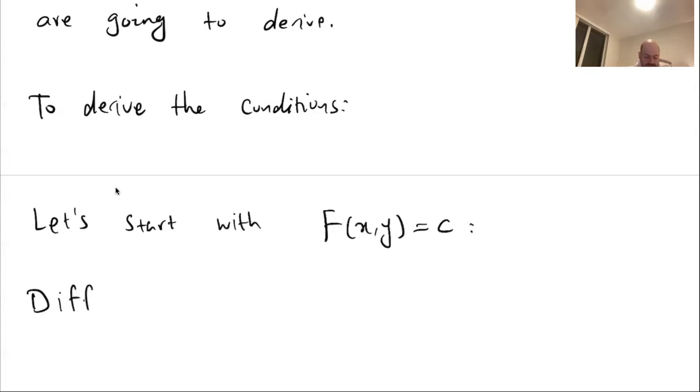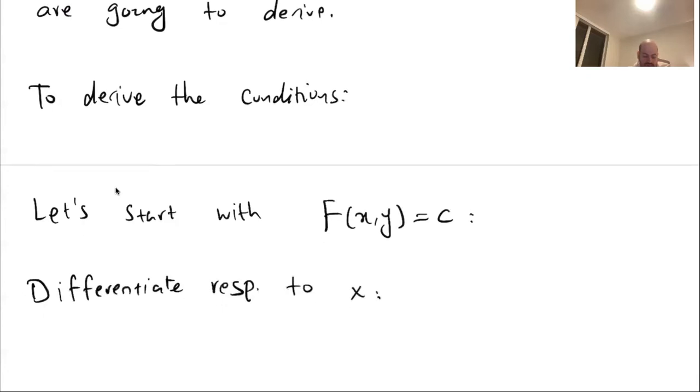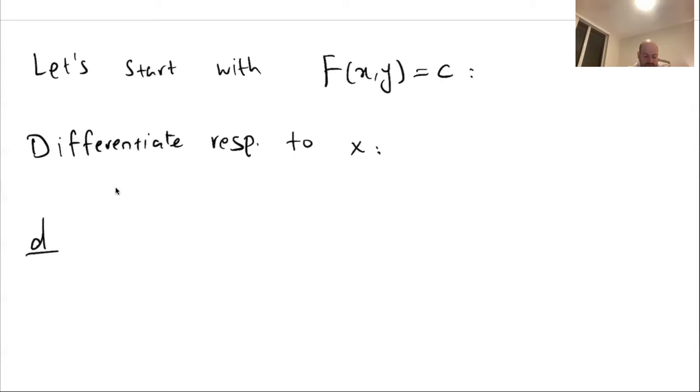Then I'll get d/dx of capital F of x and y equals d/dx of c, which is 0. Of course, the derivative of a constant function is 0. That we know for sure.